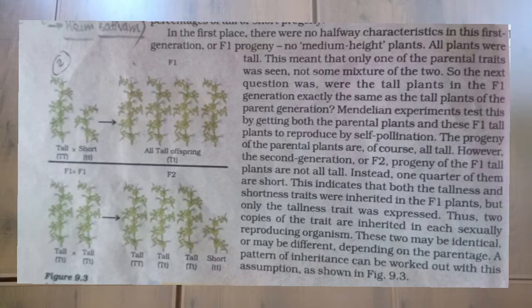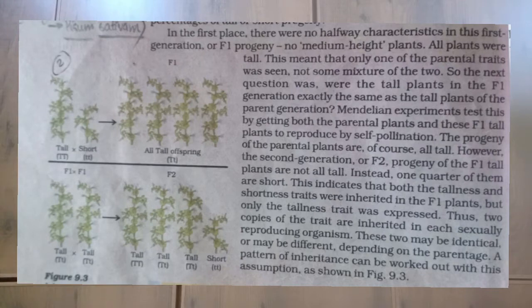This indicates that both the tallness and the shortness traits were inherited in the F1 plants, but only the tallness trait was expressed. Thus, 2 copies of the trait are inherited in each sexually reproducing organism.